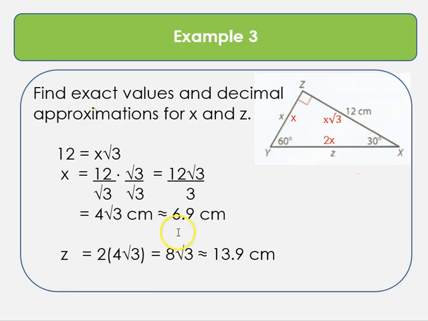You can do this a couple of ways, but it's more accurate to start from the beginning and work this out, because the short leg is an approximate number. I wouldn't double this, because it could give you the wrong answer. So z equals 2 times 4 square root of 3, which is 8 square root of 3, which is approximately 13.9.